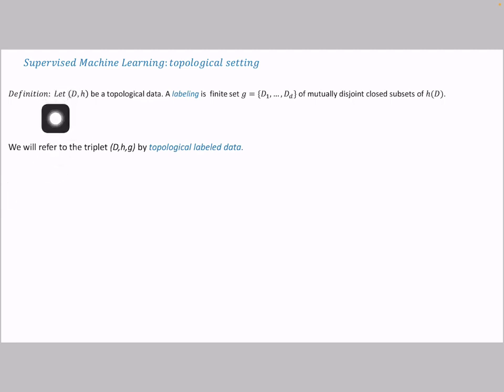Let (D, h) be topological data just as before. Given topological data, a labeling is just a finite set of subsets that are mutually disjoint and closed in h(D). I'm going to refer to the triplet (D, h, G) as topologically labeled data.